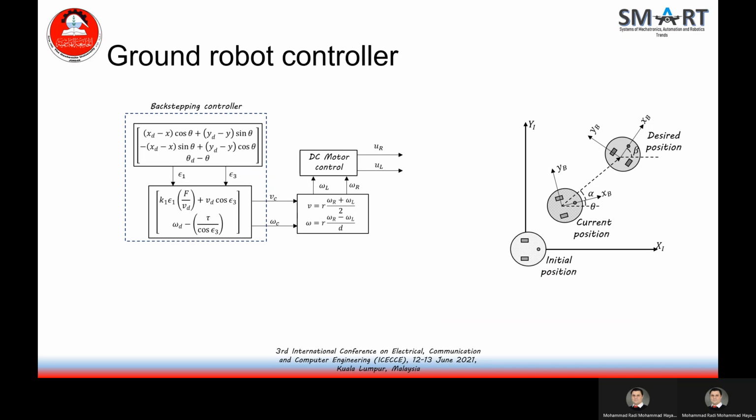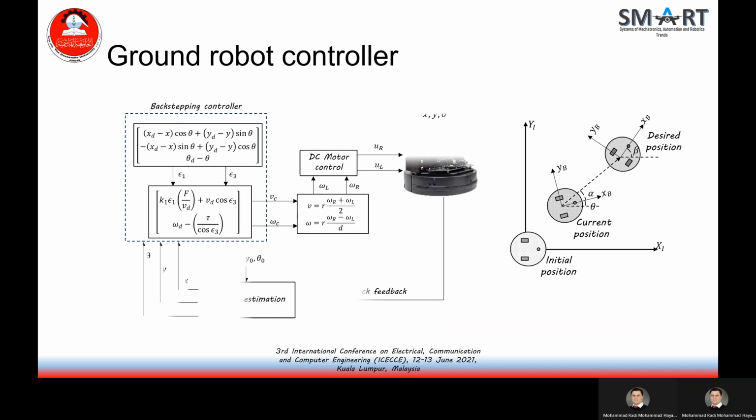The robot states, such as positions and orientation, are provided by an indoor motion tracking system, or they can be estimated using accurate odometry. Finally, the desired positions and velocity of the robot are defined by a motion planning system.